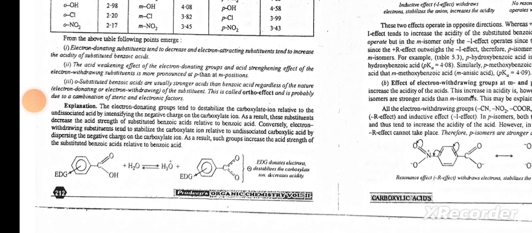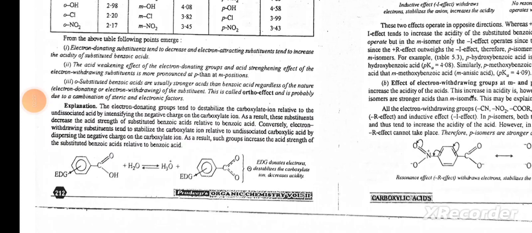Electron donating substituents tend to decrease and electron attracting substituents tend to increase the acidity of substituted benzoic acids. The acid weakening effect of the electron donating groups and acid strengthening effect of the electron withdrawing substituents is more pronounced at para than at meta positions.